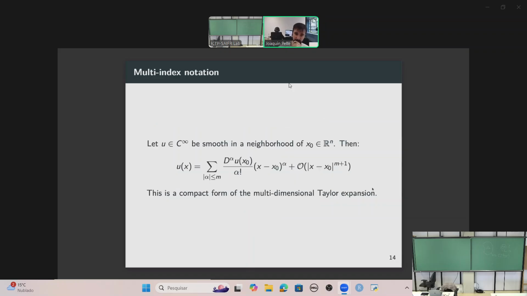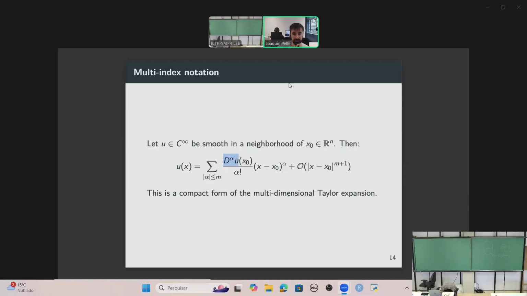Another thing, for example, just to gain some familiarity with the notation, is we can write very easily the multidimensional Taylor expansion in this way, right? So if we have a smooth function in a neighborhood of a certain point in Rn, then we can expand it in this way here, which looks very compact, right?